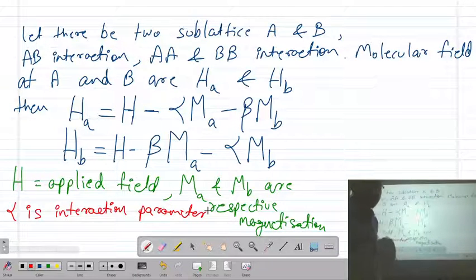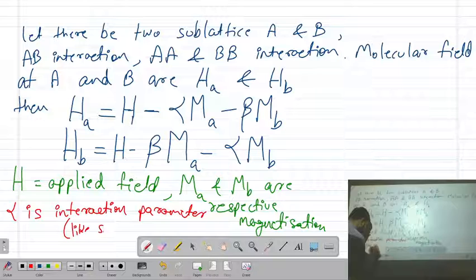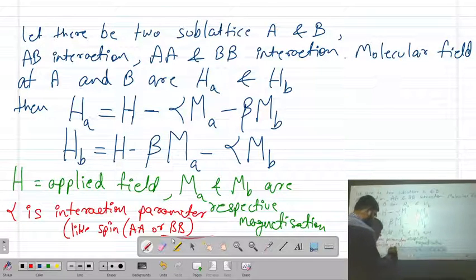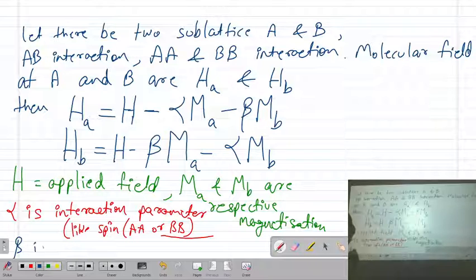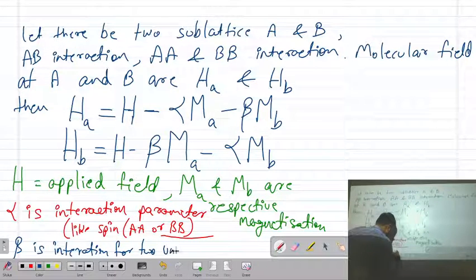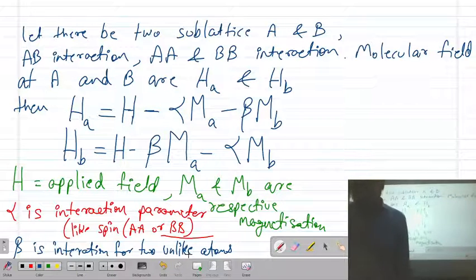Alpha and beta are both interaction parameters, but alpha is for like spins, that is AA or BB, while beta is the interaction for two unlike atoms.